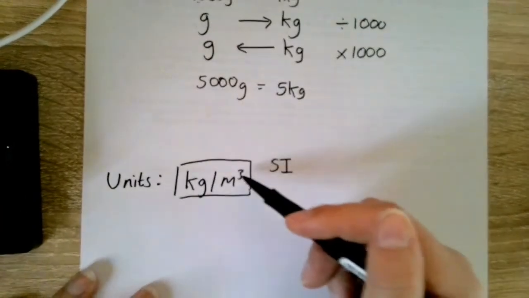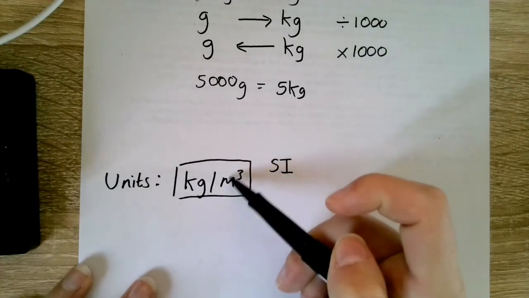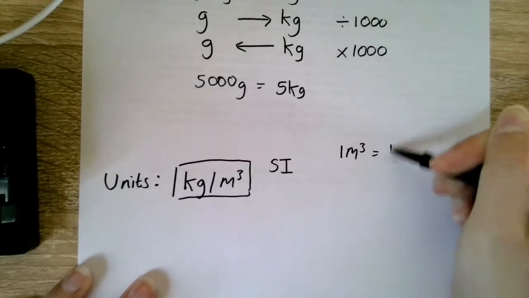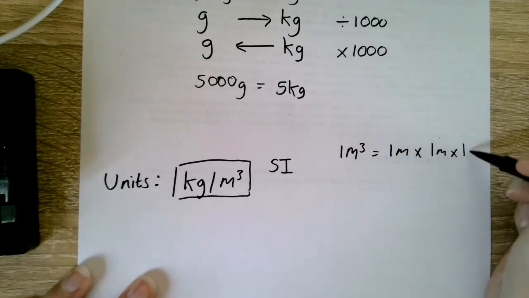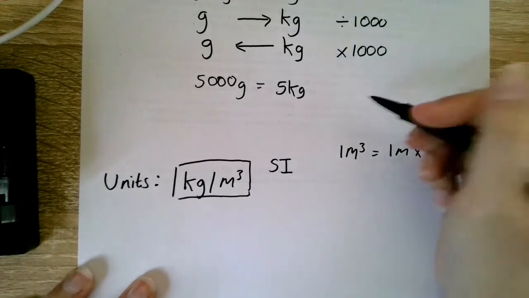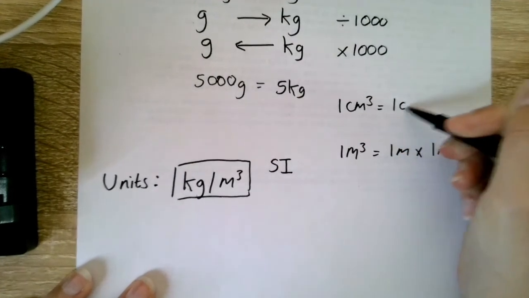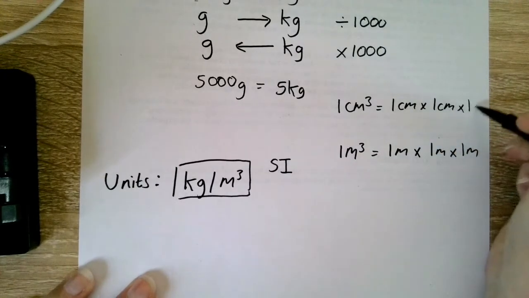Metres cubed though is a little bit more tricky to get around, because 1 metre cubed is 1 metre times 1 metre times 1 metre, and 1 centimetre cubed is 1 centimetre times 1 centimetre times 1 centimetre.